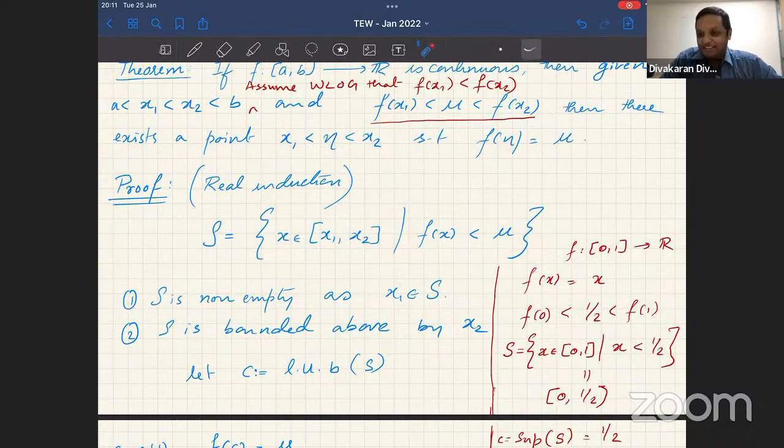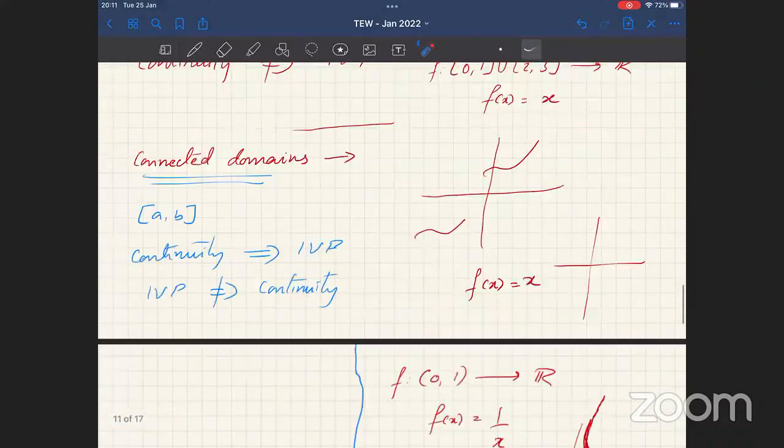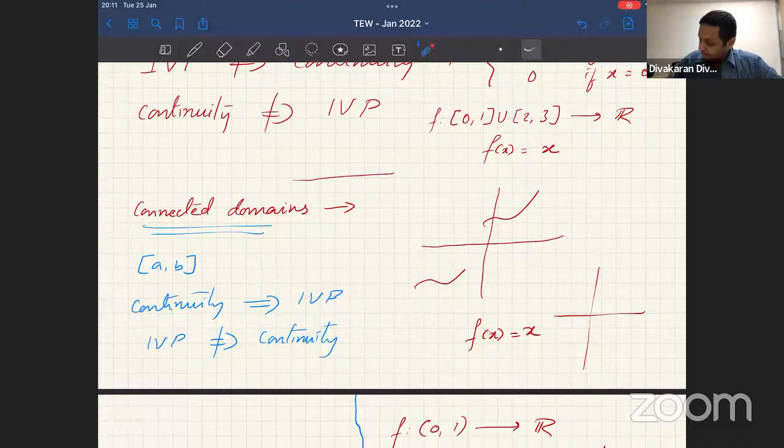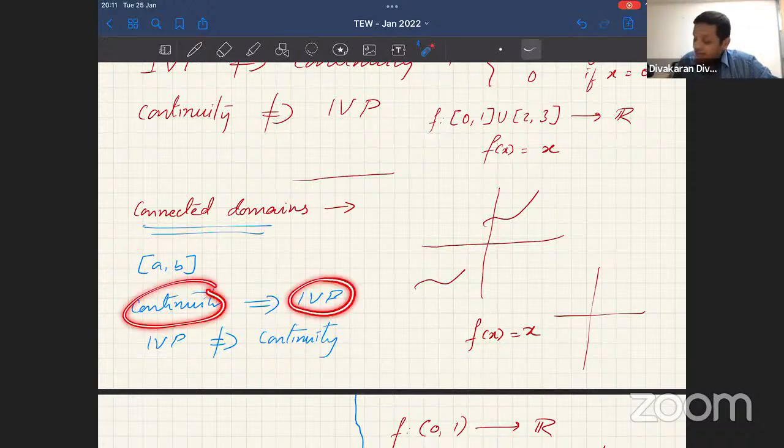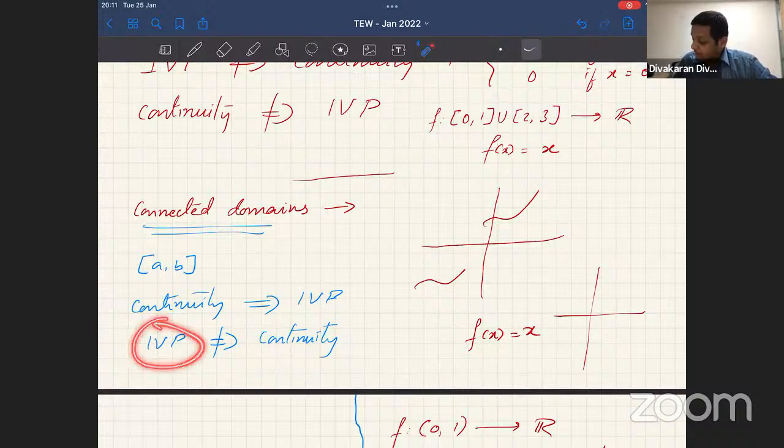Let me just say a few things. We have answered one of the questions, right? How do we know this? That's a question that we answered. But now we know that continuity is a stronger condition than IVP, if we restrict our attention to these kinds of domains. But the only examples of a function that satisfies IVP but does not satisfy continuity so far all use sine 1 by x.